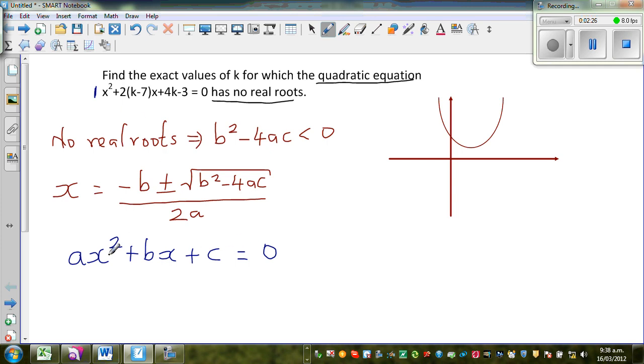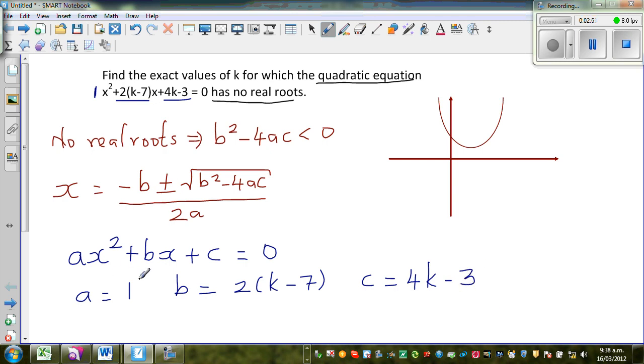Comparing, a is 1. b is the coefficient of x, so this whole thing is b: 2 bracket k minus 7. And c is the constant without the x, so 4k minus 3 is c.